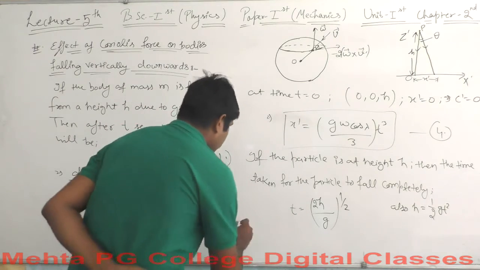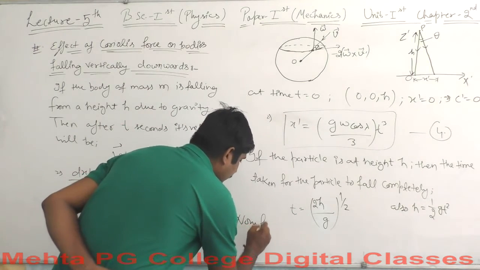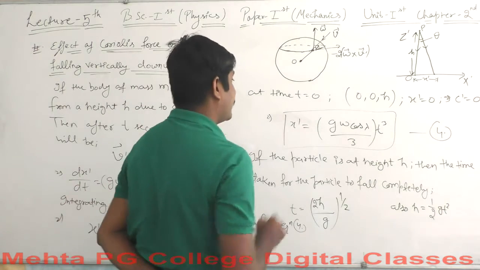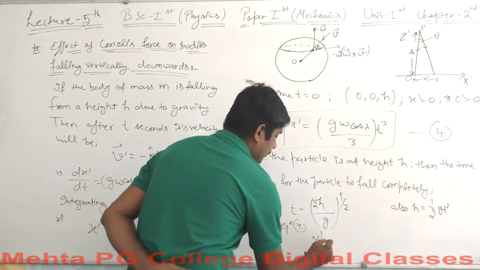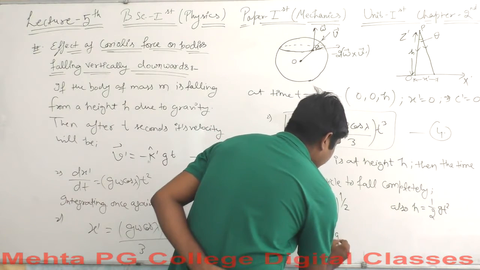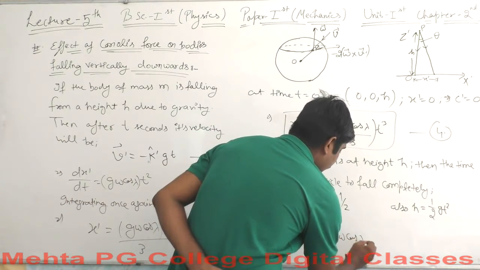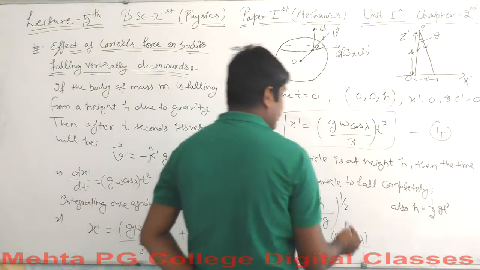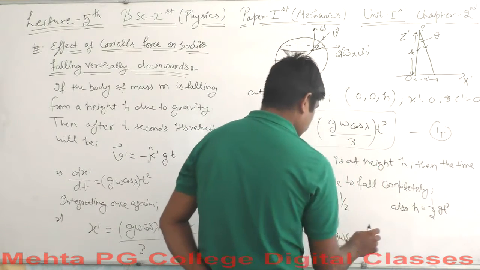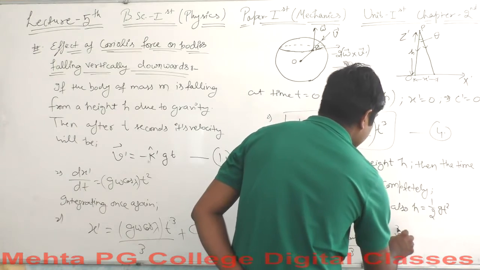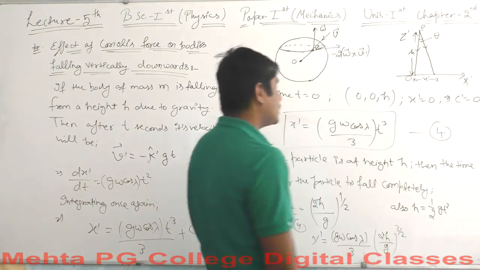Now from equation 4, the value of x dash will be equals to g omega cos of lambda over 3. This t cube is been written as 2h over g to the power 3 by 2.